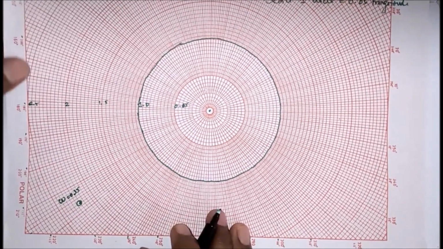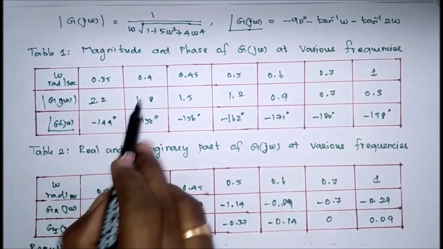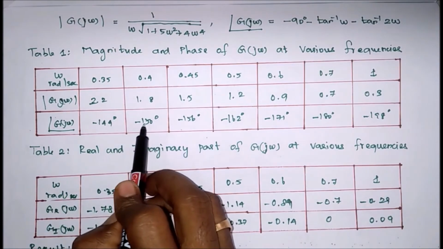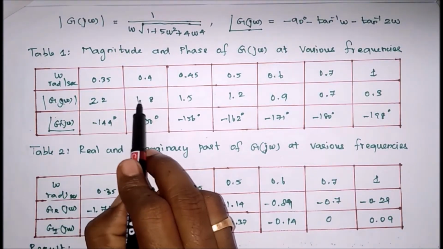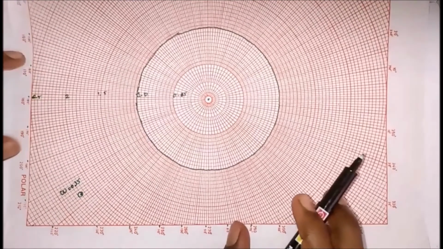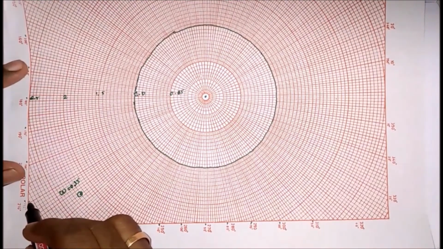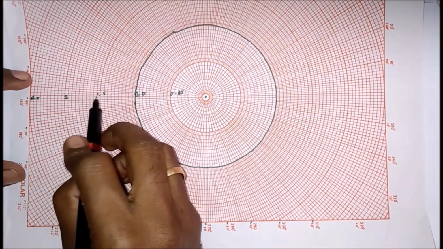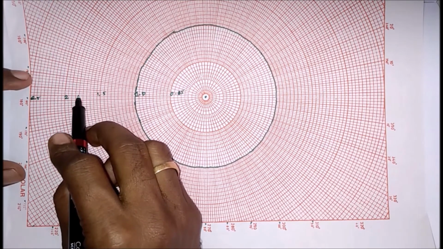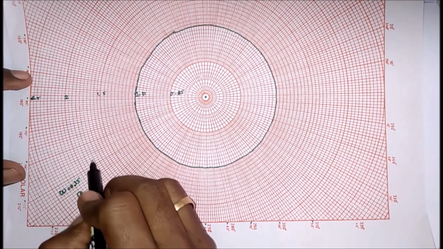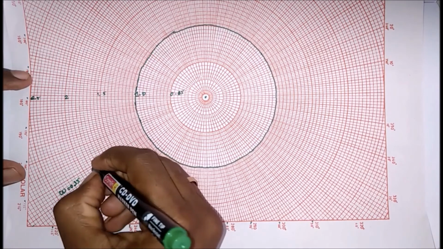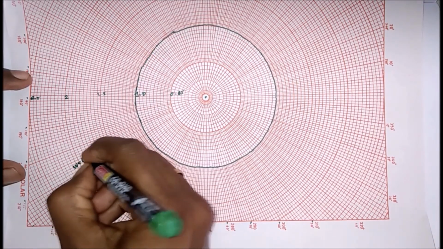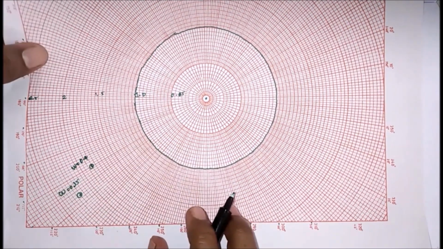Next we have to take the second point: omega equal to 0.4, angle is minus 150, magnitude is 1.8. This is the minus 150, and 1.8 will come here. So this is the second point, omega equal to 0.4. Next, the third point, omega equal to 0.45.